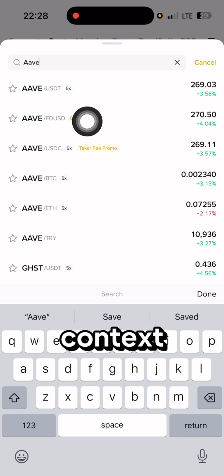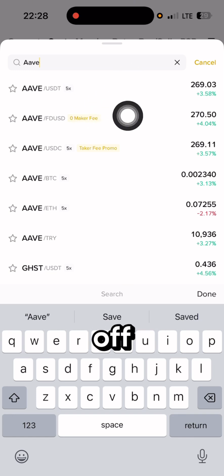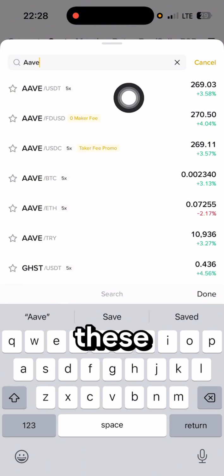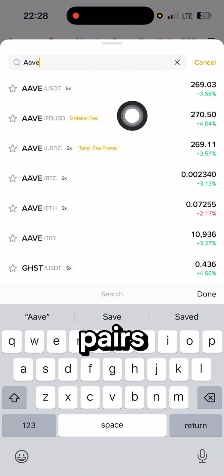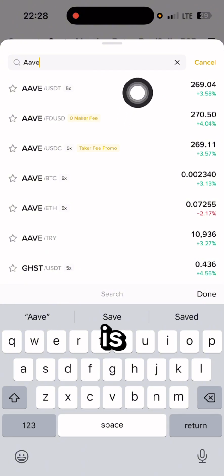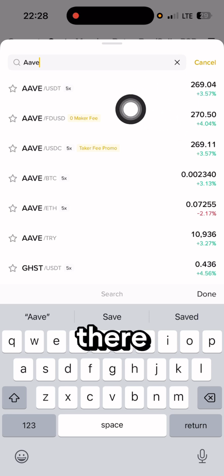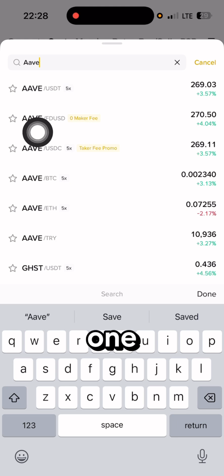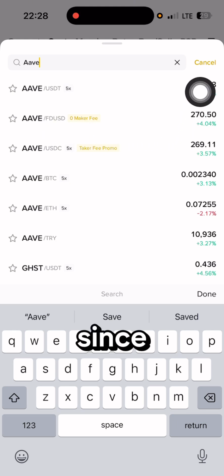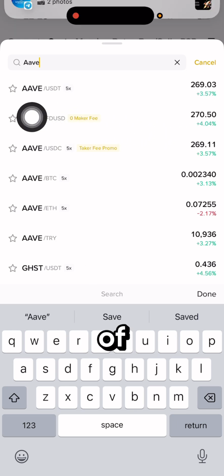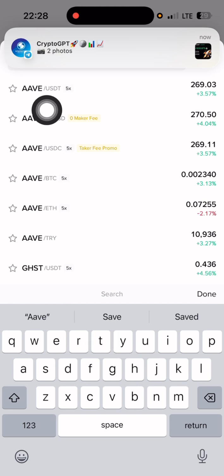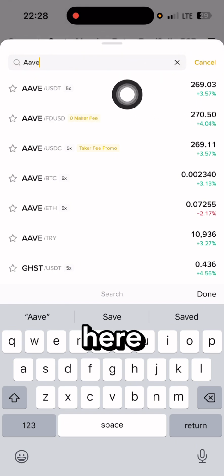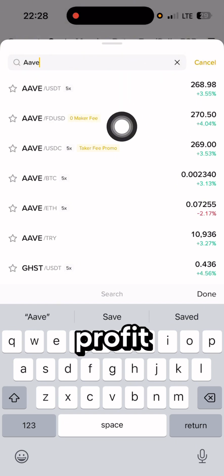For context, we'll be working off these two pairs. The first one is the AAVE USDT, as shown there. The second one is this one, since there are different prices of that same coin. So let's quickly buy here and sell here, and that's how you make your profit.